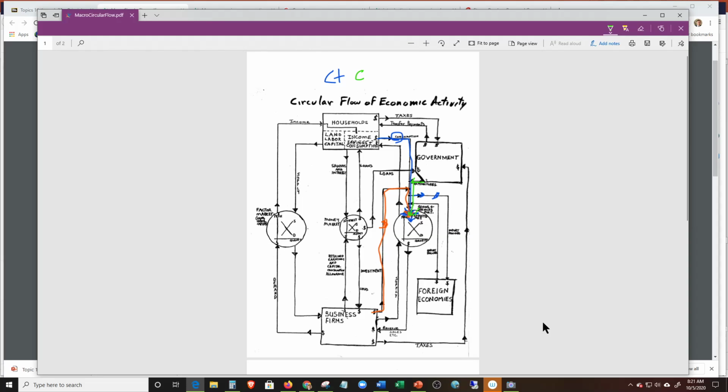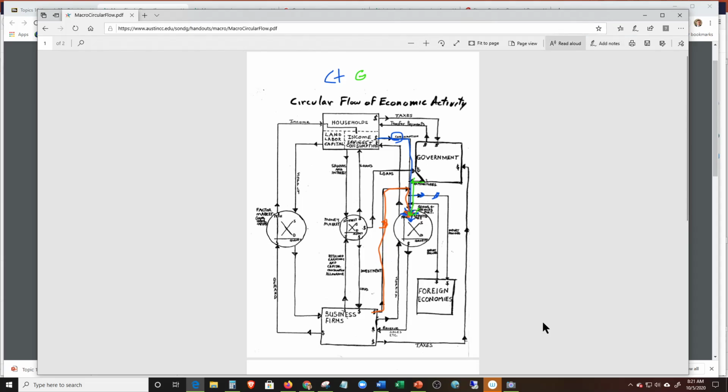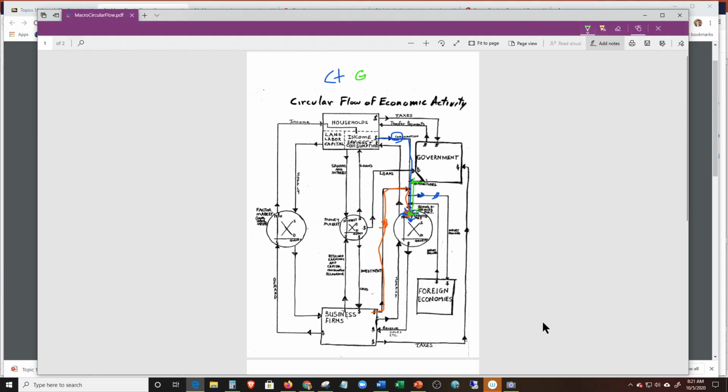I'll put G here. I know I reversed these two. Investment.